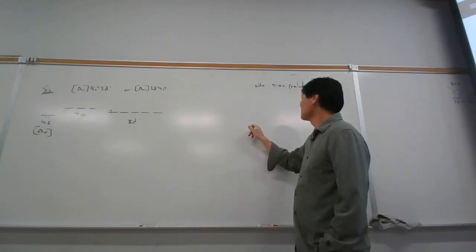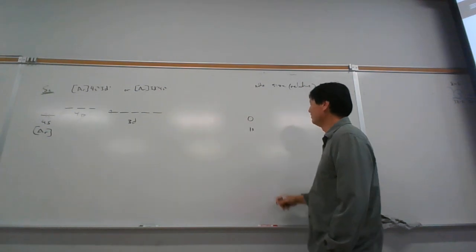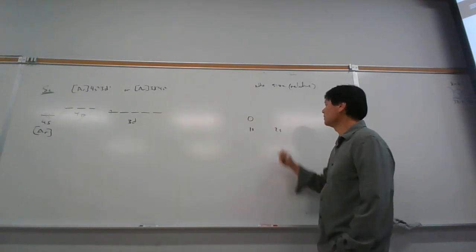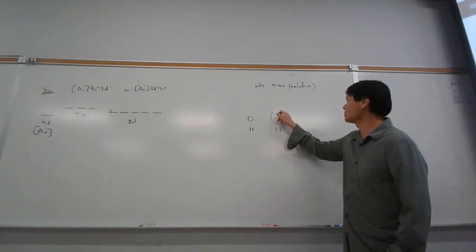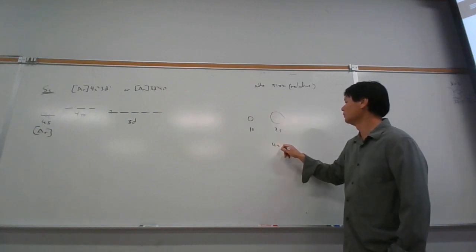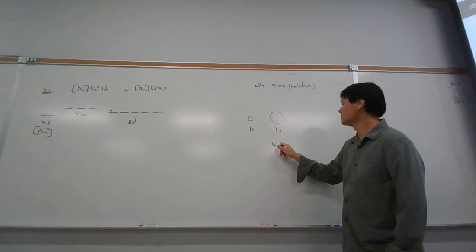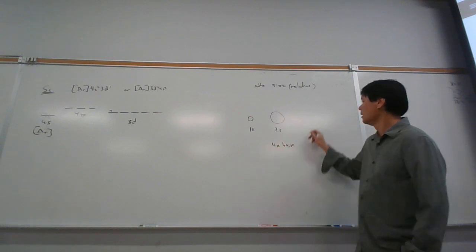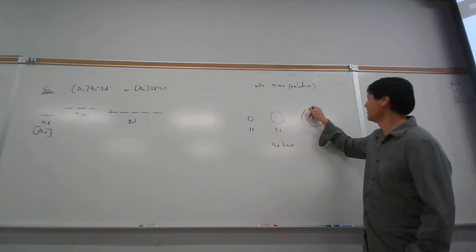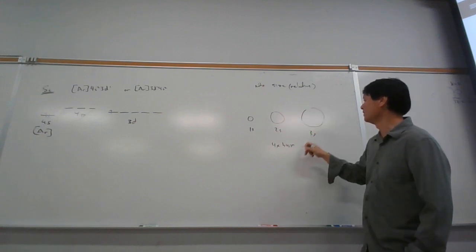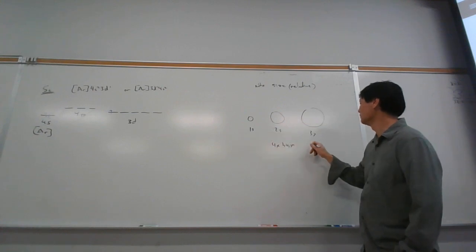If we have a 1s orbital, let's say it's this big, about how much bigger is a 2s orbital? A 2s orbital is going to be about 4 times bigger than a 1s. If we go to a 3s orbital, the 3s orbital is about 9 times bigger than a 1s orbital.